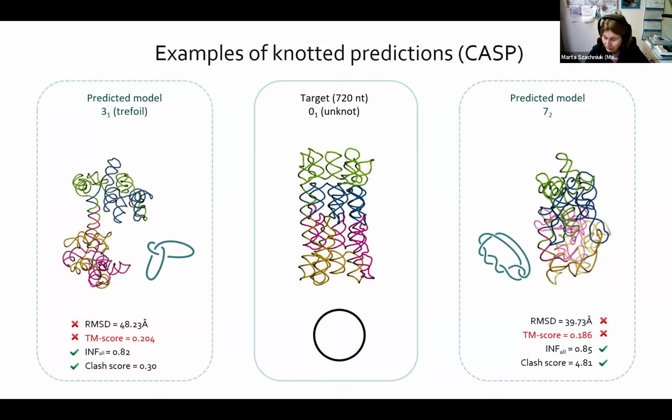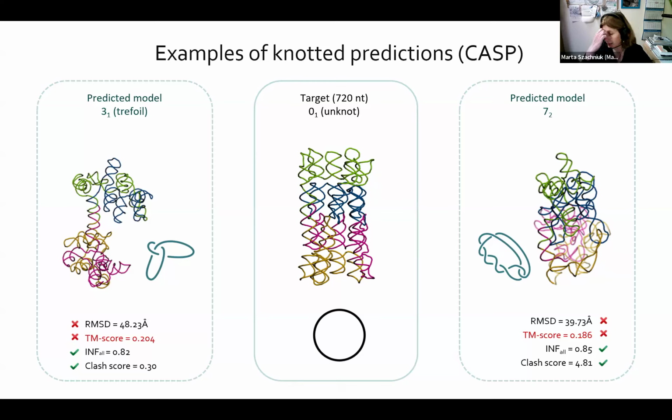So for both structures, we can see that the RMSD is quite large, although this is also a large structure, so maybe it's not that meaningful here. But we found that the TM score is also quite small. The TM score is a little bit connected to the topology of the structure. So here, these values of TM score show us that there is something wrong with the topology.